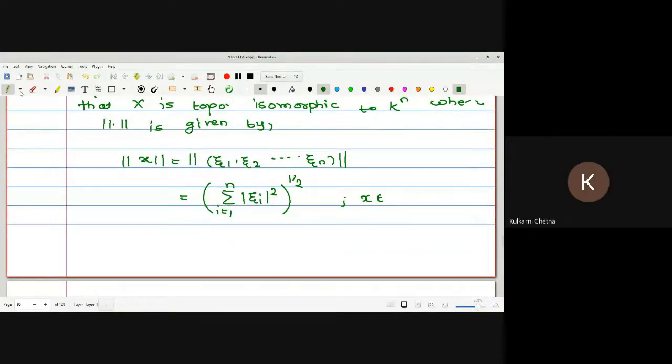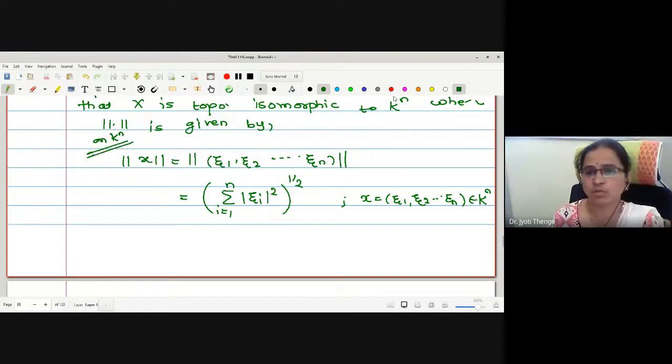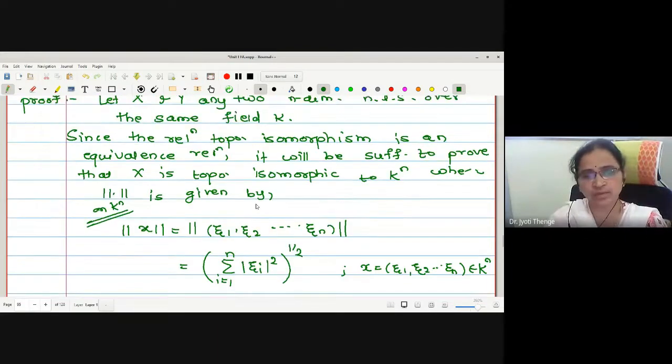Yes, distance formula we were using for the norm. Therefore, x is this n-tuple vector zeta 1, zeta 2, zeta n belongs to K. Therefore, this norm on which space were we giving? This norm on Kn, right? Norm on Kn we were giving with this norm definition. Okay.